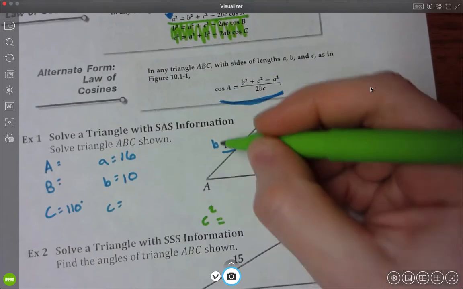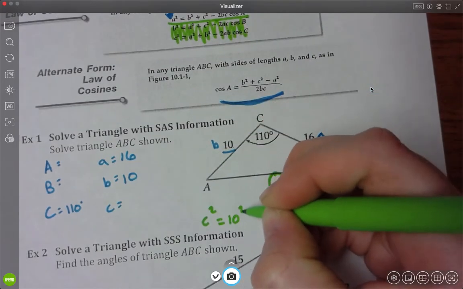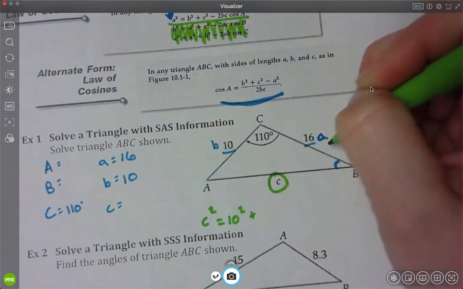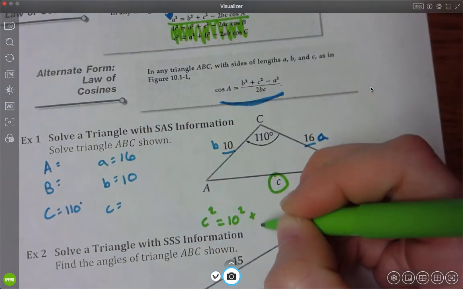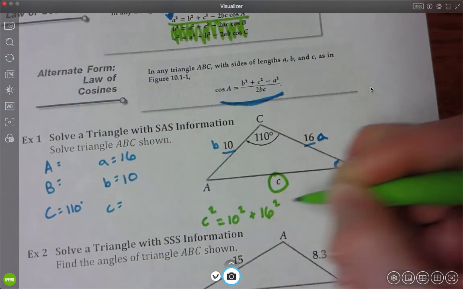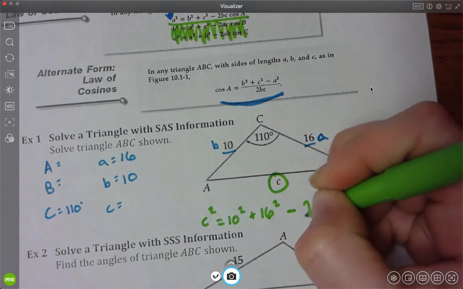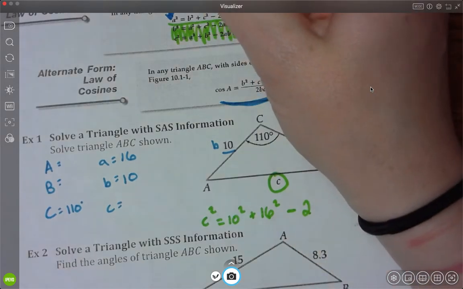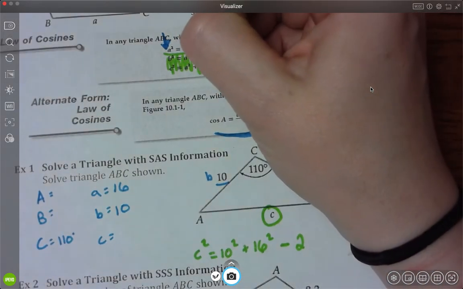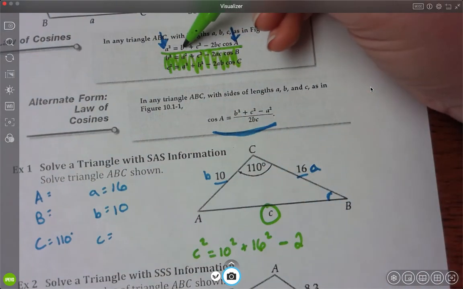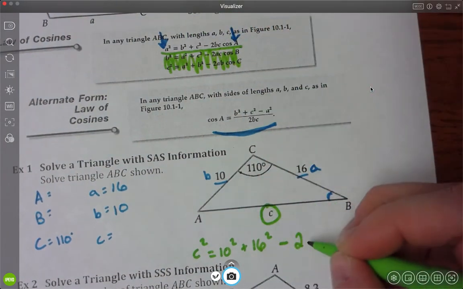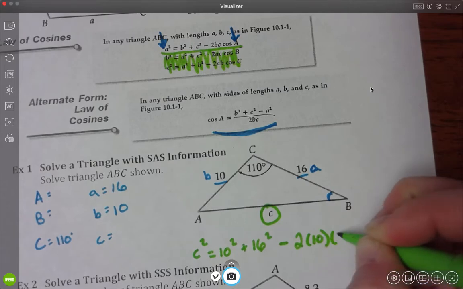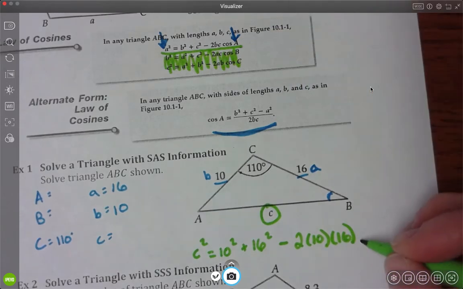So one of them is going to be 10 squared, plus the other is 16 squared, and then I have minus 2BC. B and C were the sides that I had labeled here. So that's going to be 2 times 10 times 16, and then I have that times cosine of A.